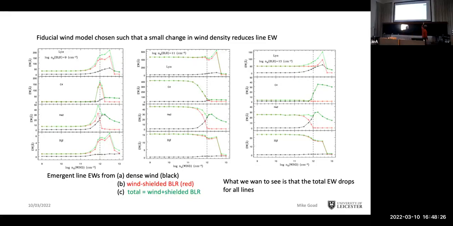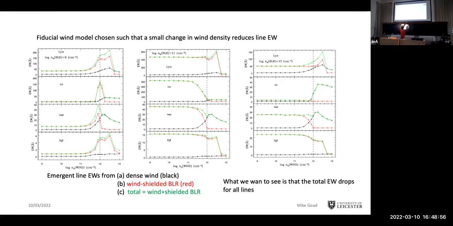The dashed vertical line is this critical point in these wind models, which corresponds to the density of the wind which gives us an optical depth of 8 at 4 Rydberg. So if you just looked at the red line, then perhaps you can believe that at that point, yes, you can reduce the equivalent width in each of these scenarios.